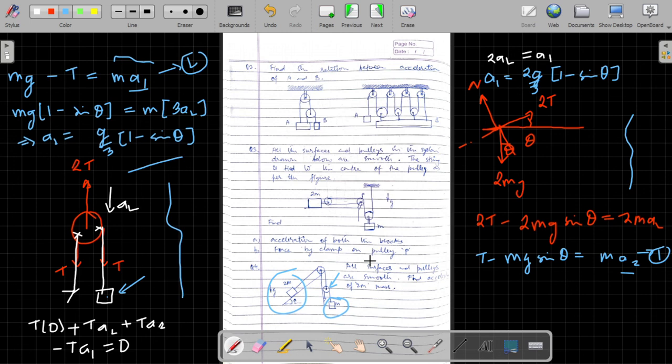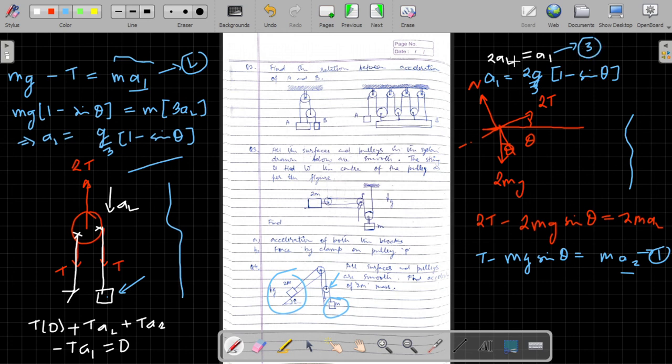Block of mass m had an acceleration a1 and the second mass had an acceleration a2. We wrote the constraint relation, and while writing it, we took the time to decide for which string we have to write. So we wrote for the string which is connected to the ground, and after writing the constraint relation, we arrived at equation number 3.